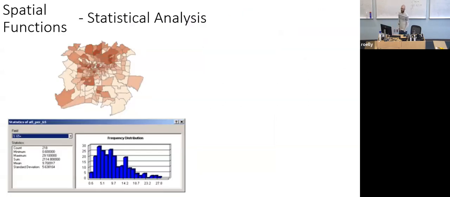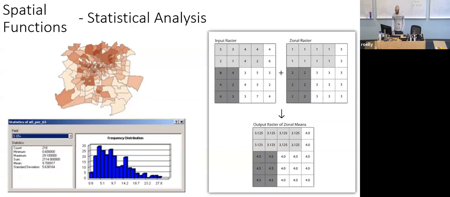Then you can get all of your normal, lovely statistical analysis from your data. You can look at the distribution, you can get the mean value, max, min, pretty much everything you want on a regular statistical side from your spatial data as well. And with raster data, you can form zones.